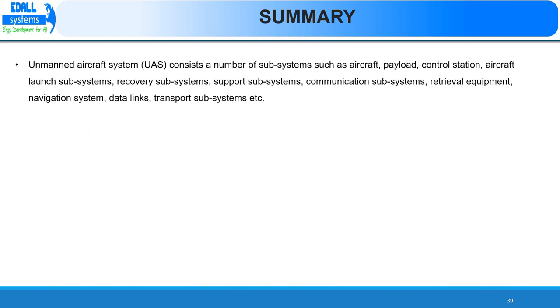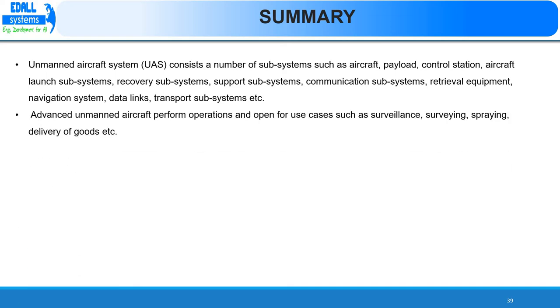Summary of the course. Unmanned aircraft system consists of number of subsystems such as aircraft, payload, control station, aircraft launch subsystems, recovery subsystems, support subsystems, communication subsystems, retrieval equipment, navigation system, data links, transport subsystems, etc. Advanced unmanned aircraft performs operations and is open for use cases such as surveillance, surveying, spraying, delivery of goods, etc. The types of UAV based on size are very small, small, medium and large.